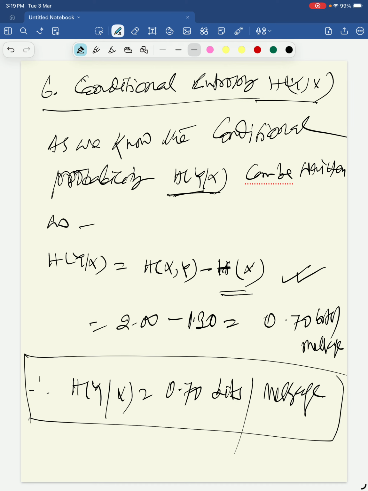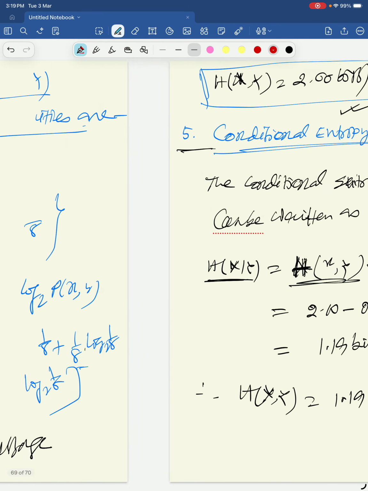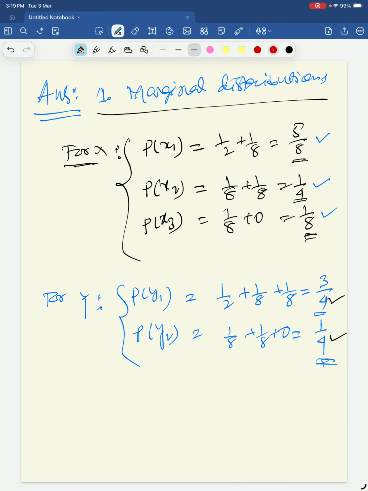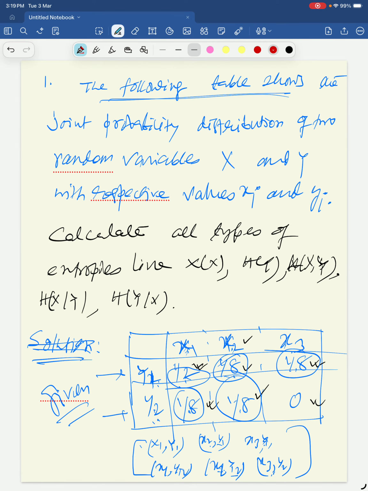So what we get is that this is numerical problem 1.